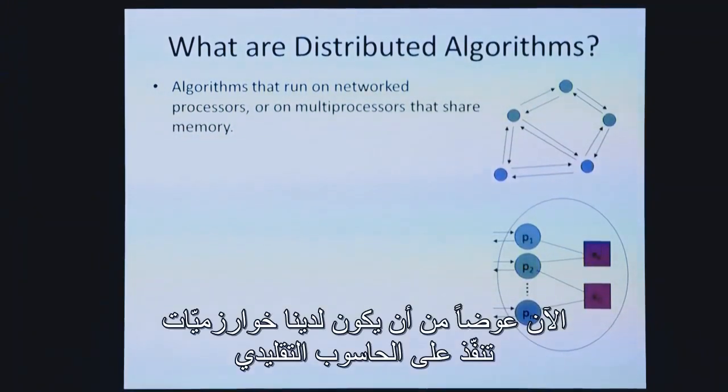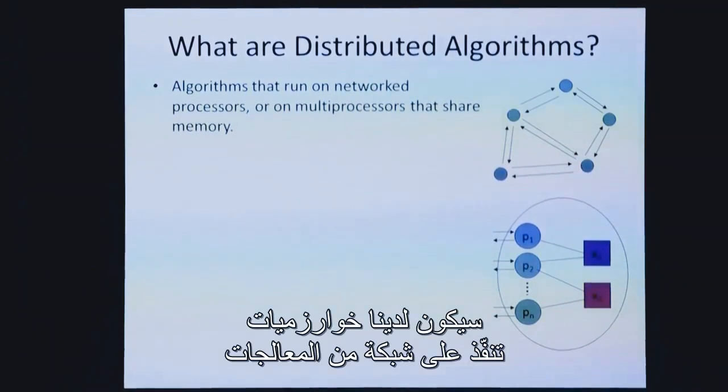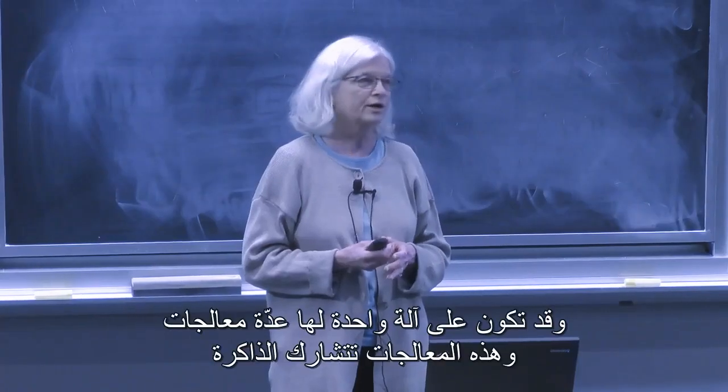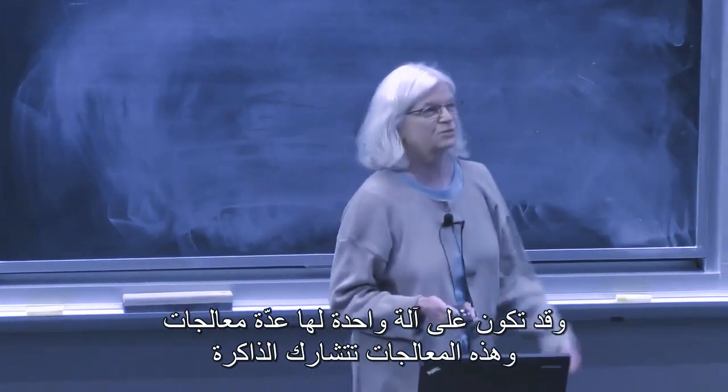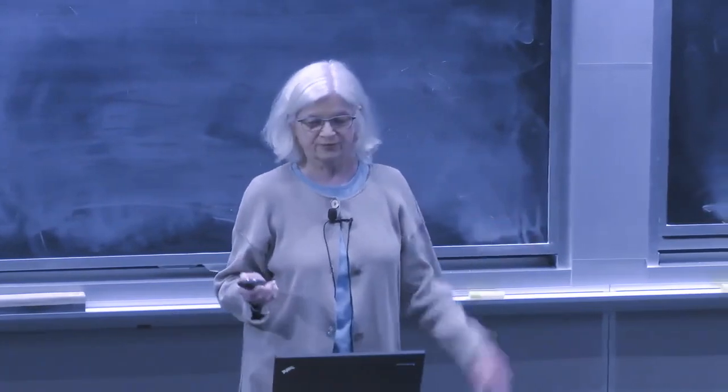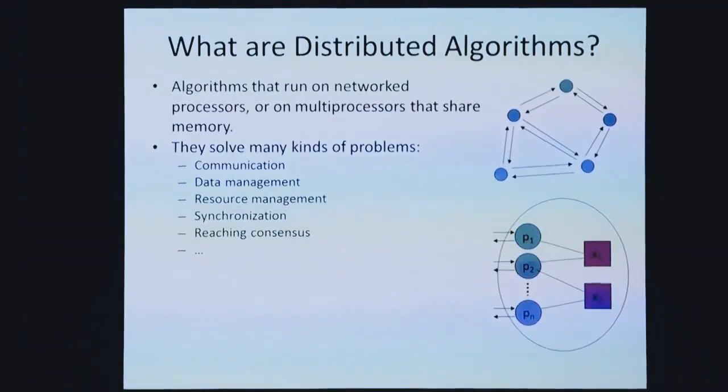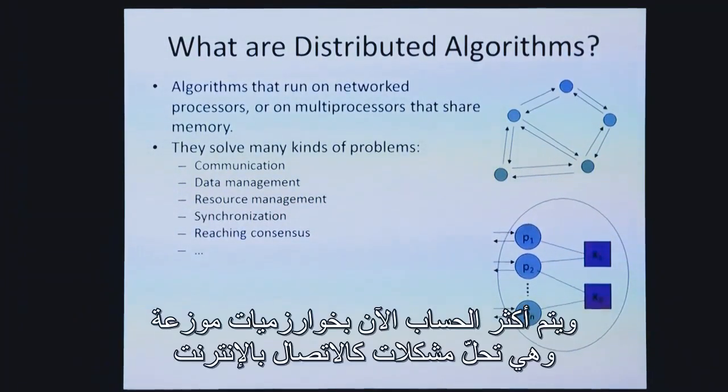So now instead of having algorithms that run on a typical computer, you're going to have algorithms that run on a network of processors. Or it could be on one machine that has multiple processors, multiprocessors that share memory. So much of computing is distributed algorithms now.